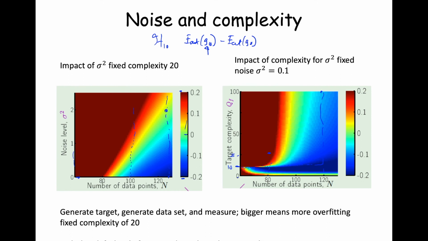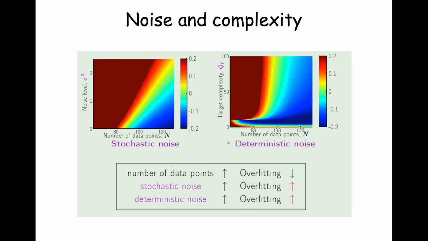All right. So essentially, this behavior of the noise level sigma squared is so-called stochastic noise. And the behavior corresponding to that figure on the right-hand side is so-called deterministic noise, as the target complexity increases.